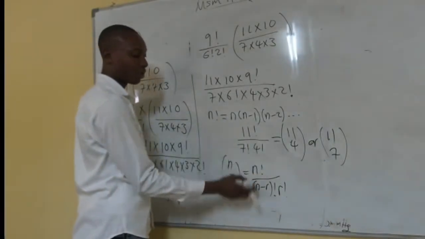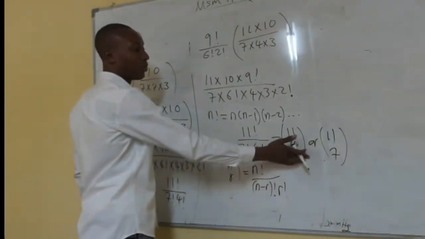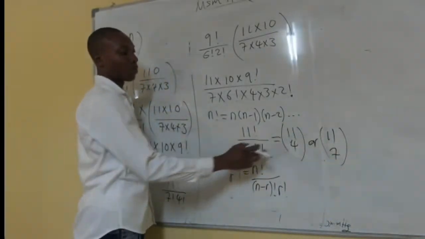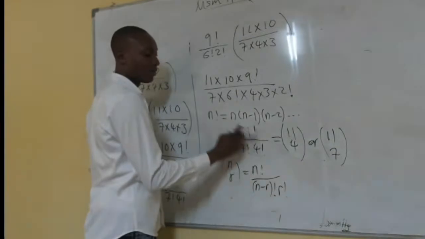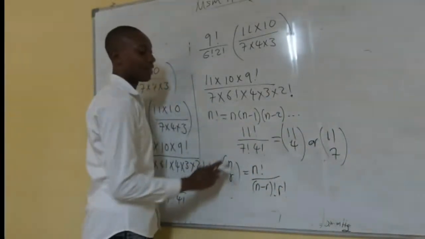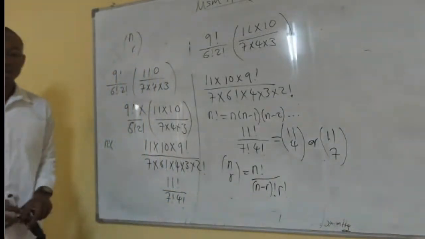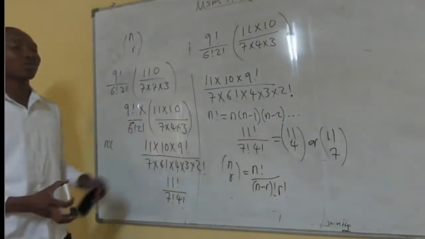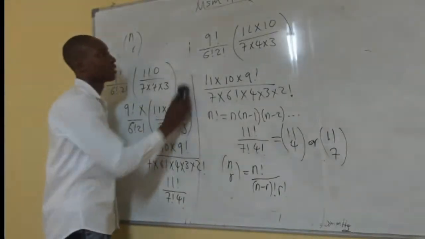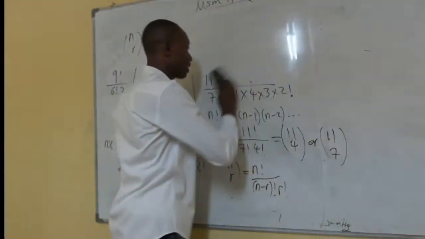Then 4 factorial. Or you could have had 11 choose 7. 11 is n, then 11 minus 7 is what? 4. Then 7 factorial. Okay, so it's one and the same. So this is how you get to the answer. Okay. That ends that question.